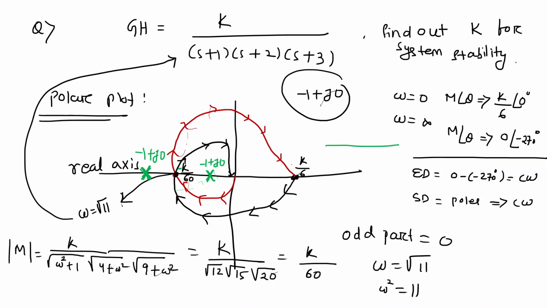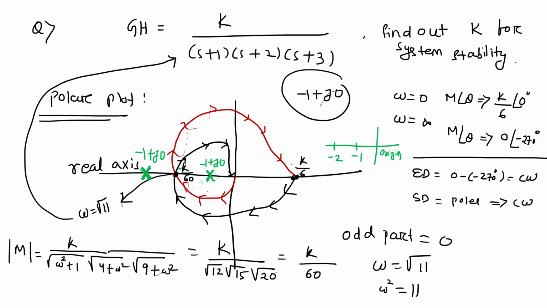You can see one. Draw the number line. This is the origin. This point is -1. This point is -2. Out of -2 and -1, which is greater? -1 is greater than -2, sir. In magnitude, I am saying magnitude wise, -2 will be greater than 1.